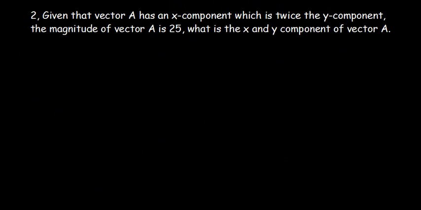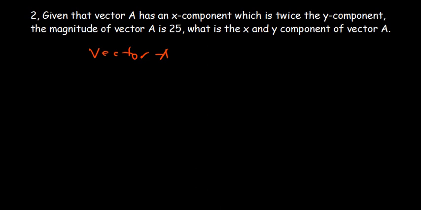Given that vector A has an x component which is twice the y component, the magnitude of vector A is 25, what is the x and the y component of vector A? It's a very simple question. So we're given that vector A has an x component which is twice the y component.